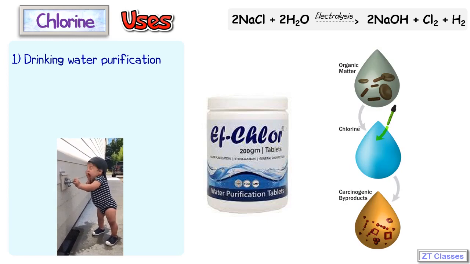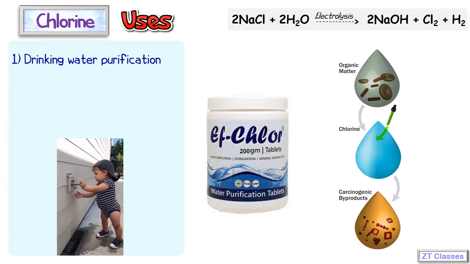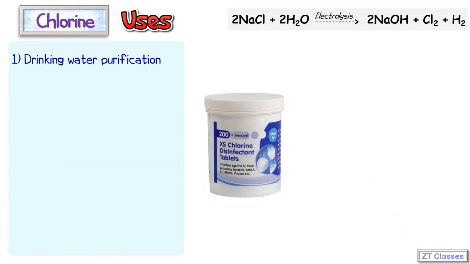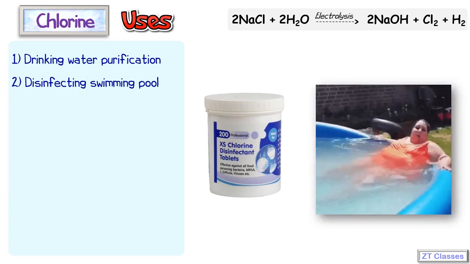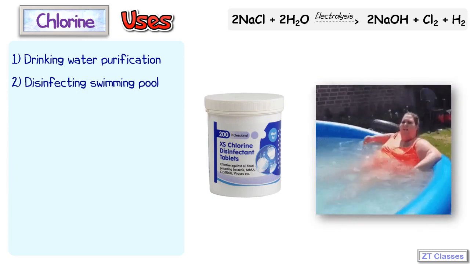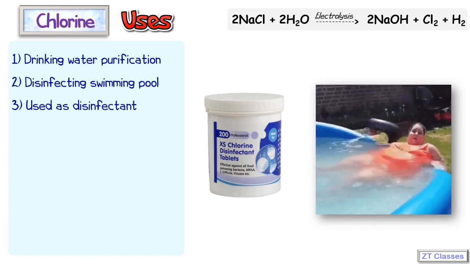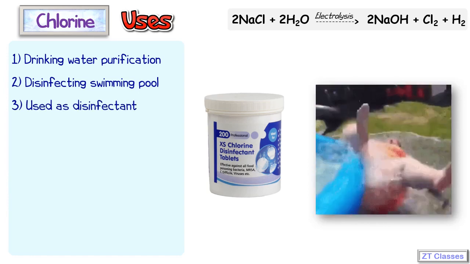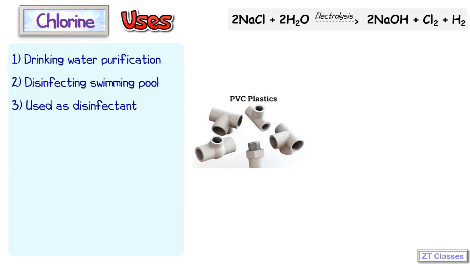It kills all the microorganisms and germs inside. It is also used to treat swimming pools. In general, chlorine is a very good disinfectant and can be used in multiple places.